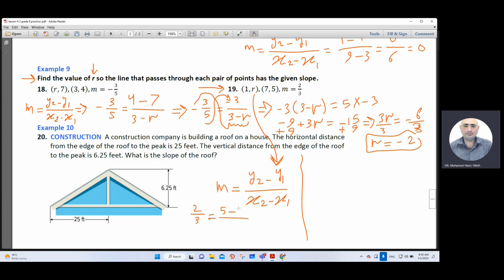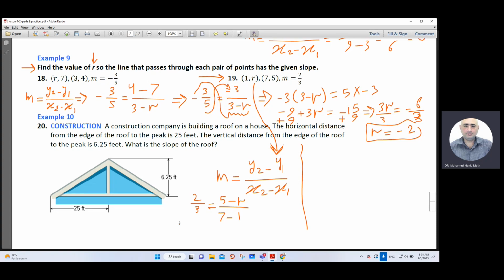It will be r. Down, x2 will be 7 minus x1 will be 1. Then express here: 2 over 3 equals, up we have 5 minus r, and down we have 7 minus 1, which will be 6.